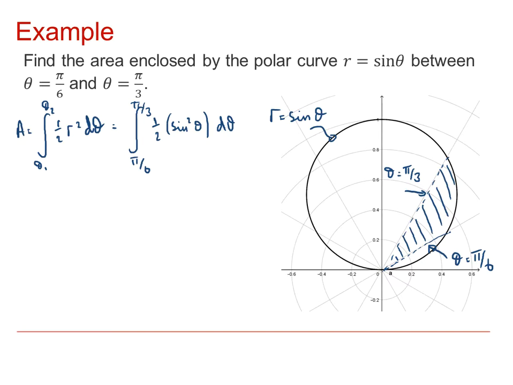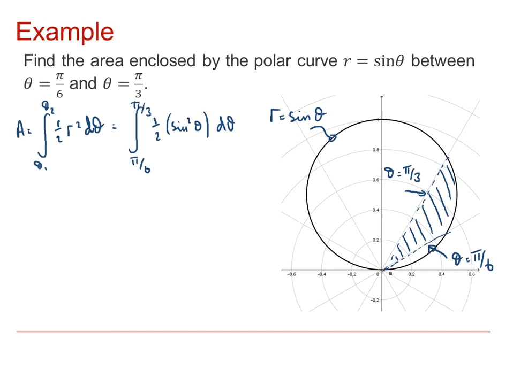Now this is always going to involve r squared, and by the nature of polar curves, often you're going to be dealing with things like sine squared to integrate, and therefore trigonometric identities are going to come into their own.